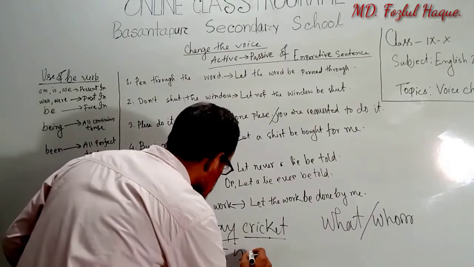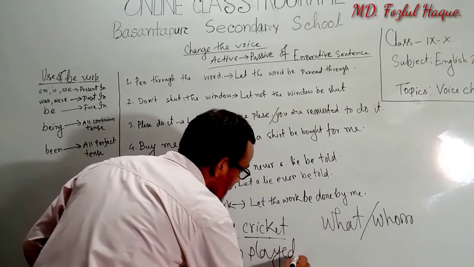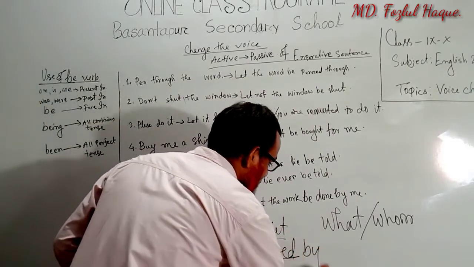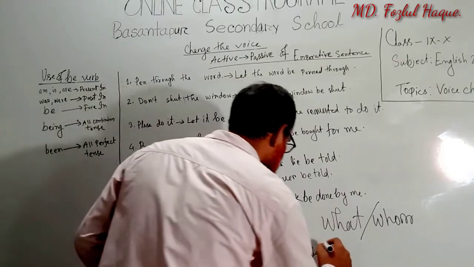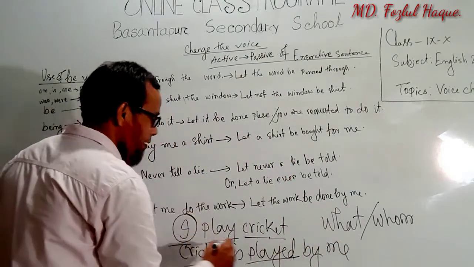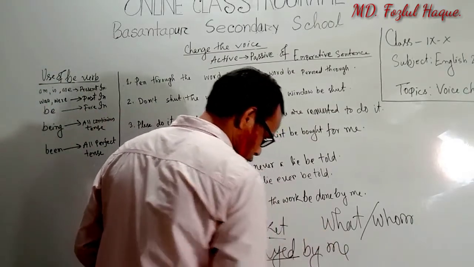Then played is the past participle form, and the preposition by comes, then me. The subjective form of the pronoun turns into objective form after the preposition.